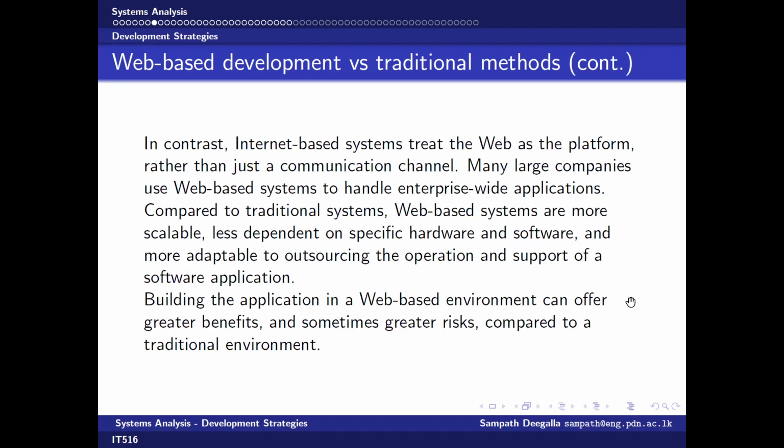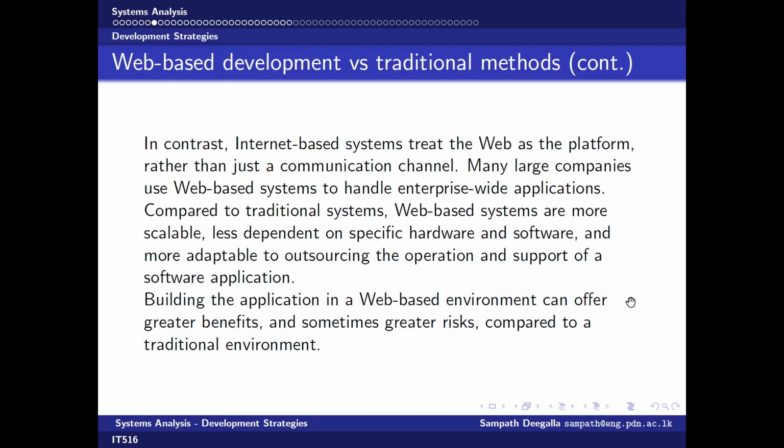Now, if you look at internet-based systems or the web, if you take it as a platform, then you can use it as a communication channel. So many companies nowadays use web-based systems to handle enterprise-wide applications. So sometimes we say ERP solutions, from A to Z, you can manage everything within this.